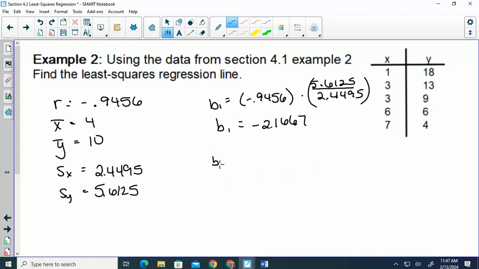And the y-intercept from the formula we wrote down is the mean of y minus our slope times the mean of x.